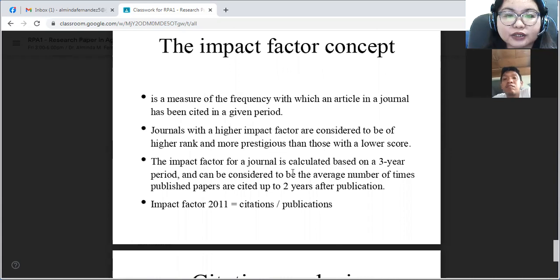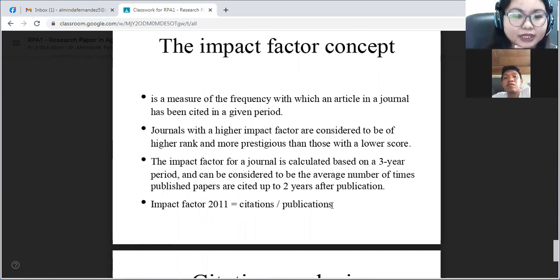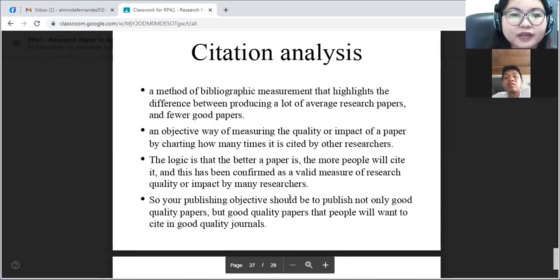The impact factor of a journal is calculated over a 3-year period, and this is the average number of times published papers are cited up to 2 years. So you compute the number of citations over the number of publications. That's how the impact factor is computed.